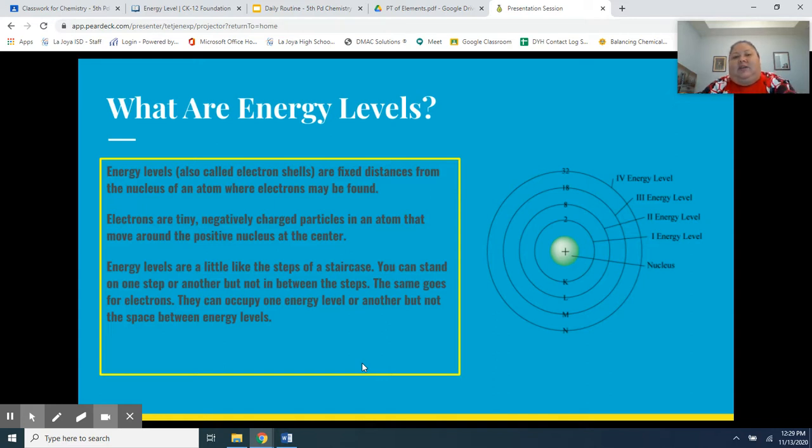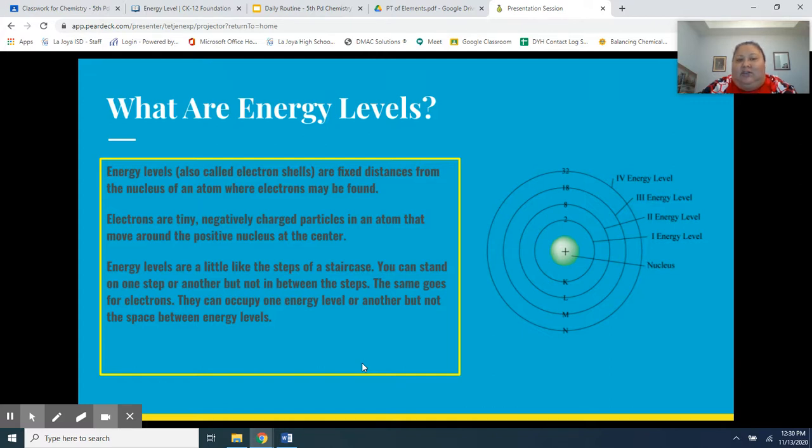So, what are energy levels? That's the topic for today. Energy levels are also called electron shells, okay? This is where you find these electrons rotating around the nucleus.